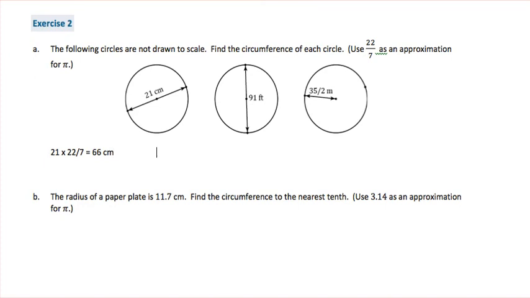In the second, we'd be multiplying 91 times pi, which is 286 feet. And in the third, we'd be multiplying 35 halves times pi, and that is 110 meters.